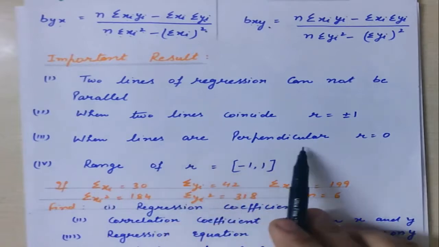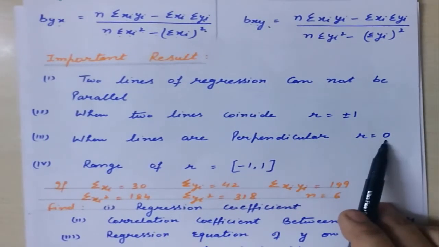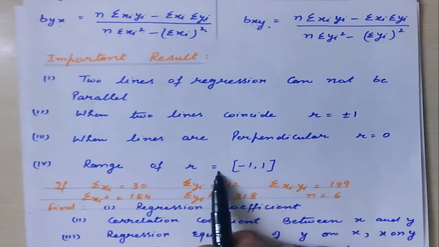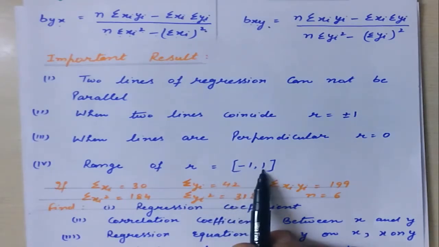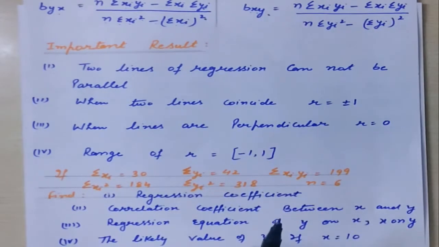When the two lines are perpendicular, the value of r is equal to 0. That means the range of r, where r is the coefficient of correlation, is always between minus 1 and 1, in the closed interval.